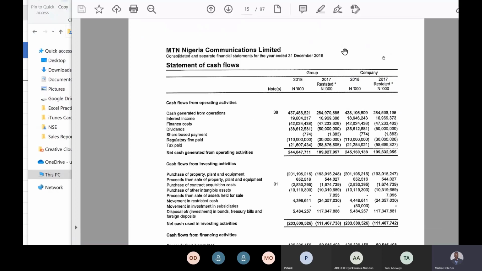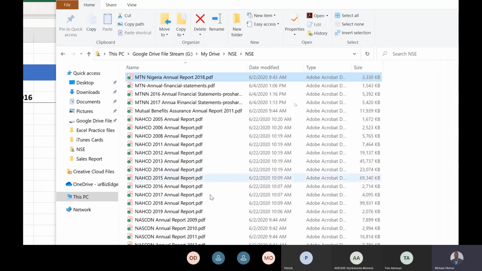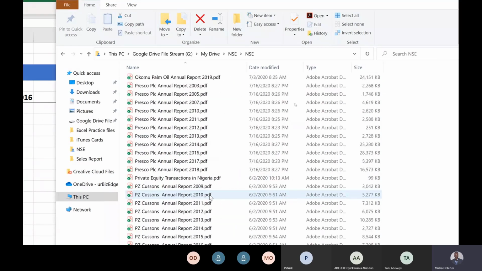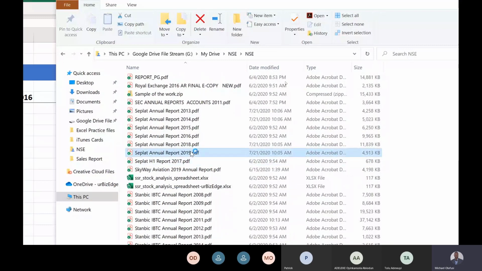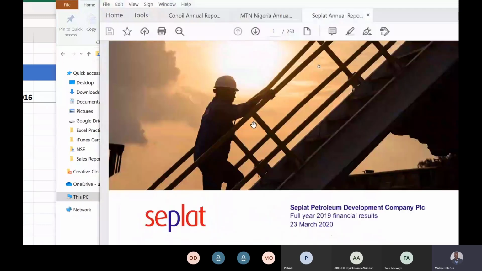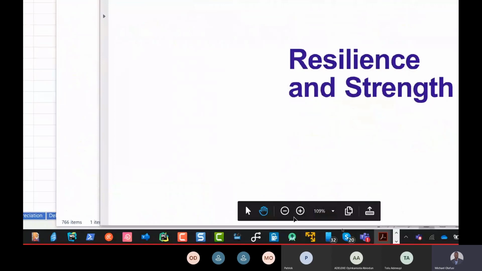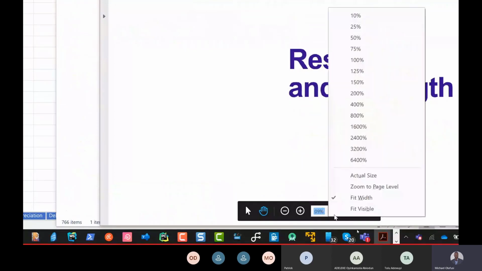All right, so let's see. They are using the direct method, so not good. I'm going to have to, they are following their South Africa pattern. The group company too does direct method, so I guess maybe that's why. I'm going to pick out Seplat.